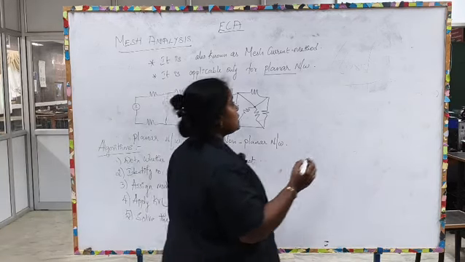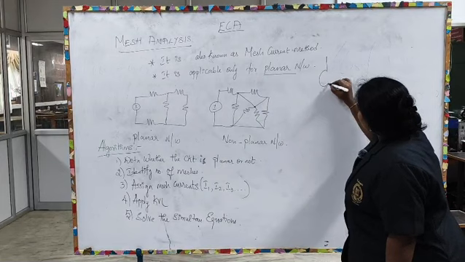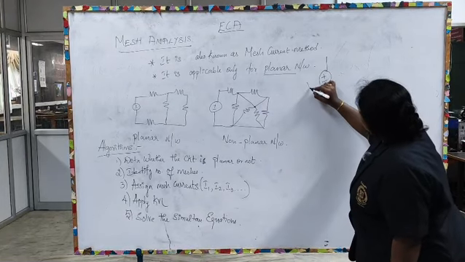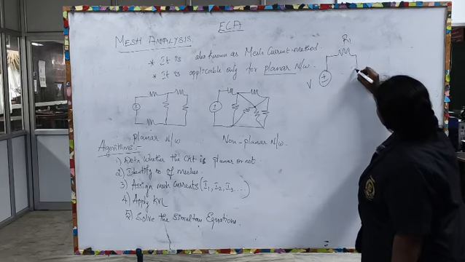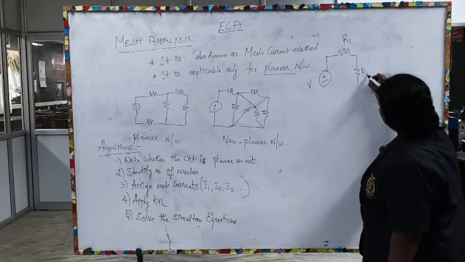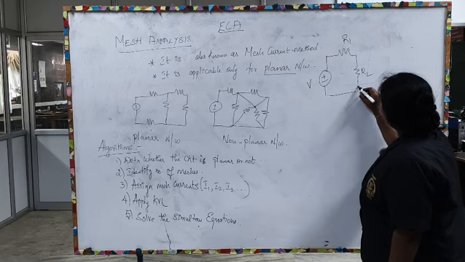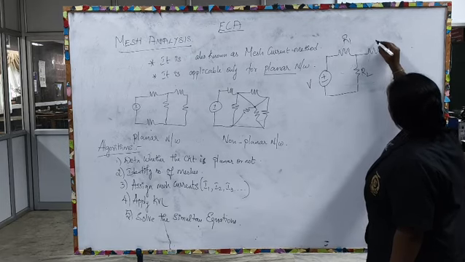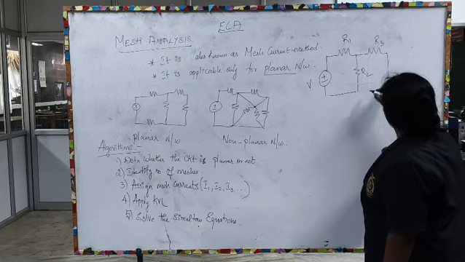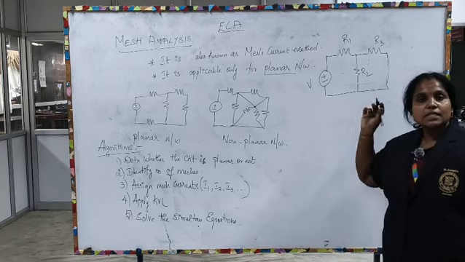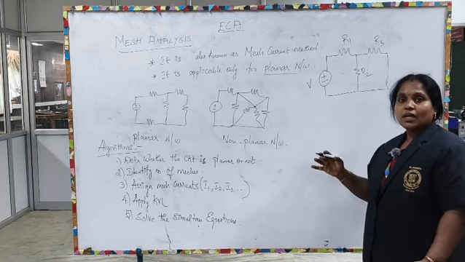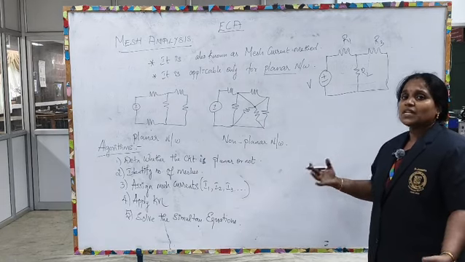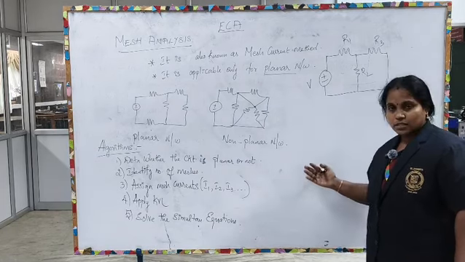So, for example, consider this circuit, with a source V, and resistors R1, R2 and R3. For this general circuit we are going to find the mesh current or branch current using the mesh analysis method.